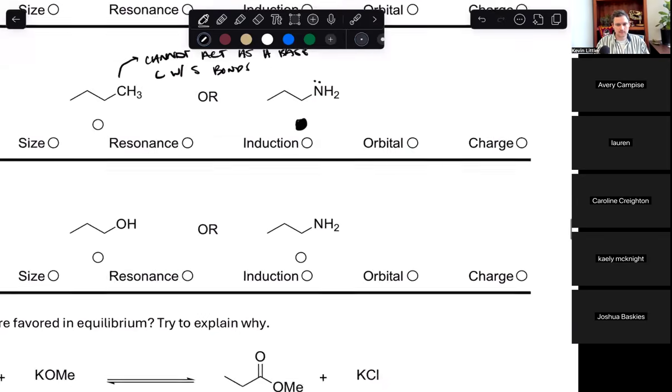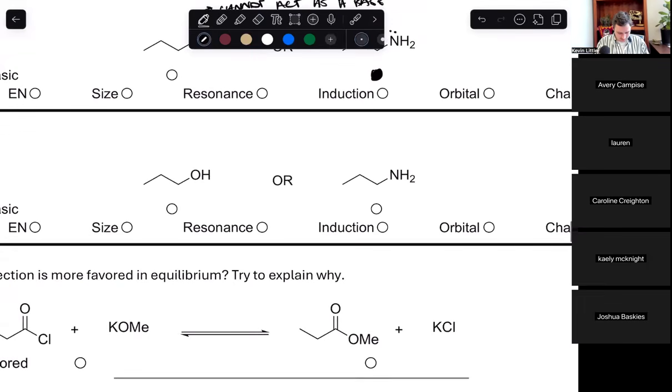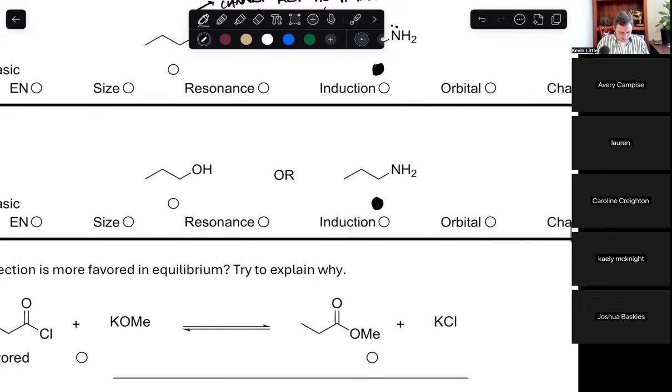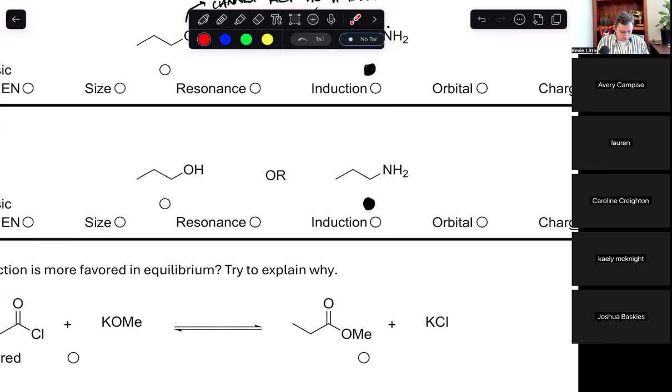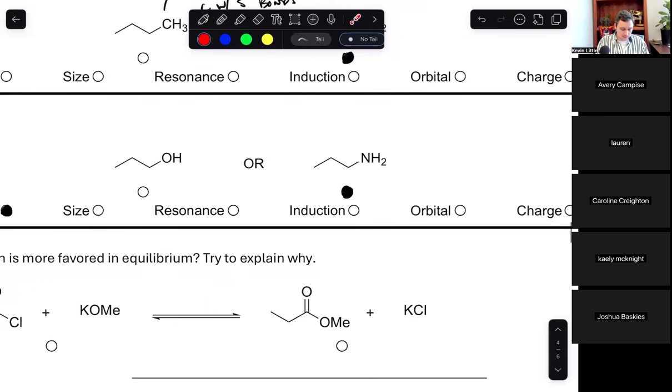Again, I didn't mean to go back to electronegativity so much. Nitrogen has a less stable lone pair than oxygen, so nitrogen is going to be more likely to be a base, to want to take a proton, right? Nitrogen would be happier with a positive charge. So nitrogen's always going to be more basic than oxygen.